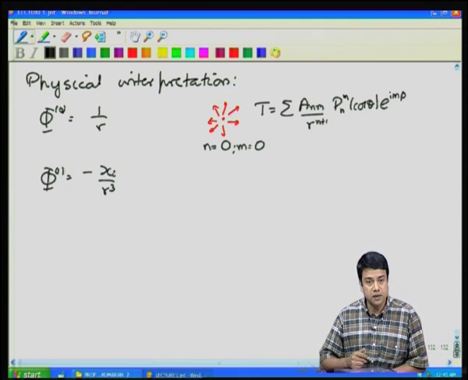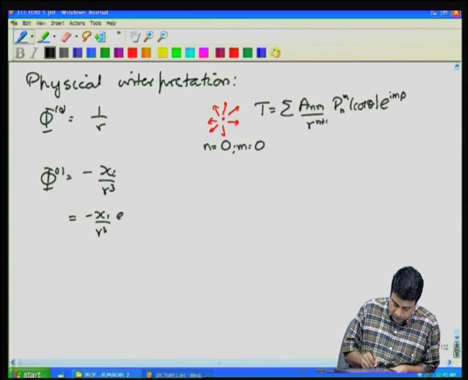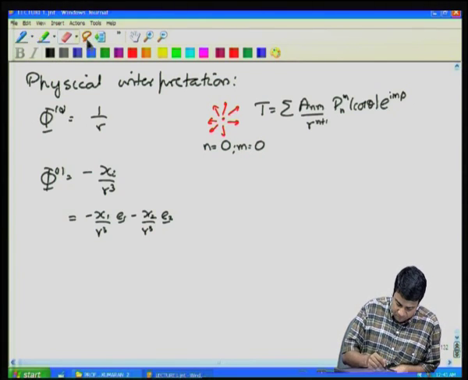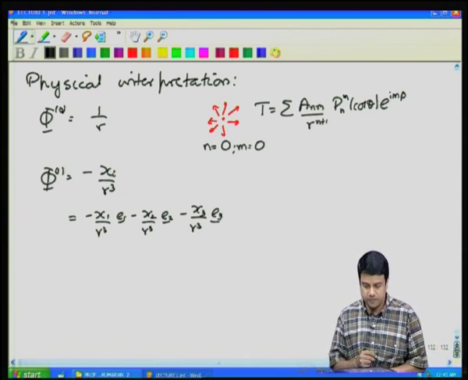So, if you expand out these solutions in a Cartesian coordinate system, there are 3: minus x_1 by r cubed, e_1; minus x_2 by r cubed, e_2; and so on. Now let us write these in the spherical coordinate system.